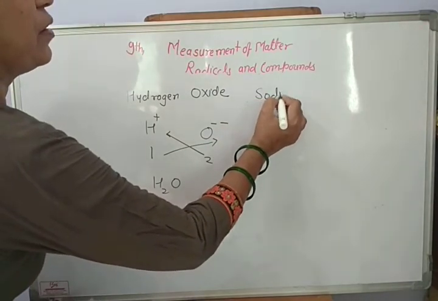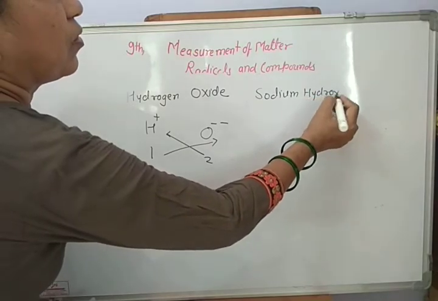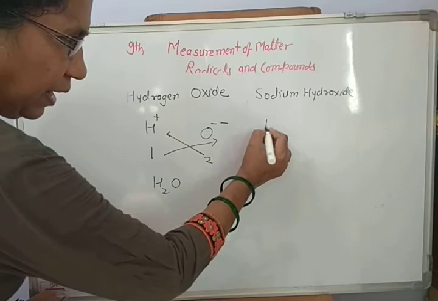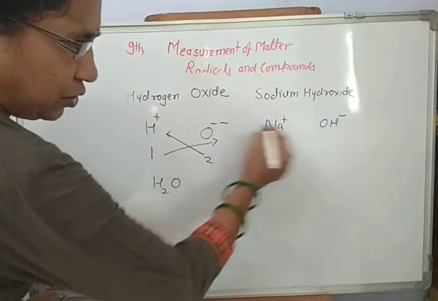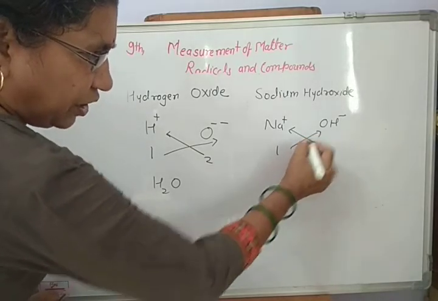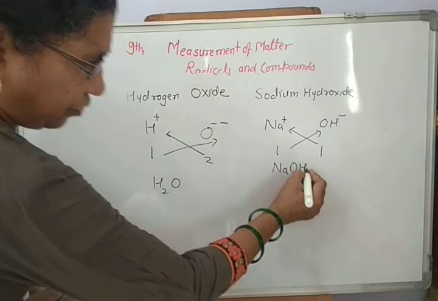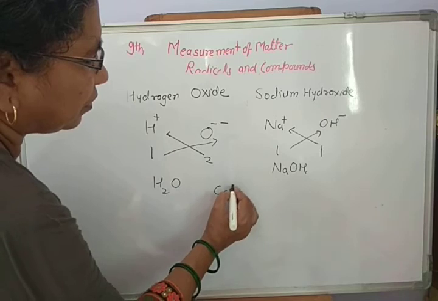Sodium hydroxide. So here Na plus and OH minus. So here it forms 1 and 1. So those are given crossingly and it becomes NaOH. Now calcium hydroxide.